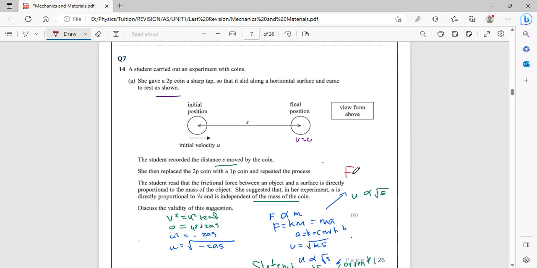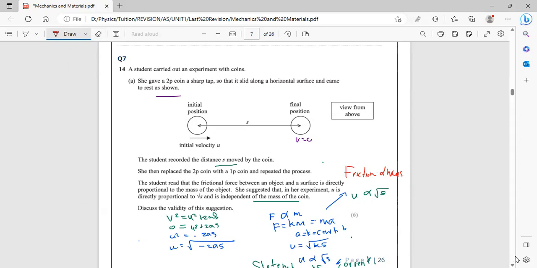Friction is directly proportional to mass. She suggested that in her experiment, u is directly proportional to square root of s and is independent of the mass of the coin.